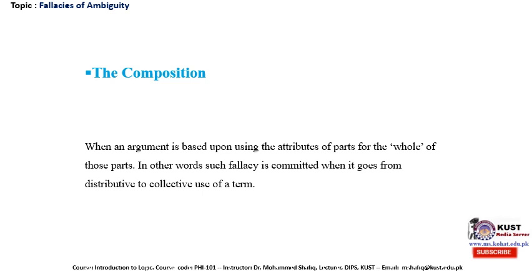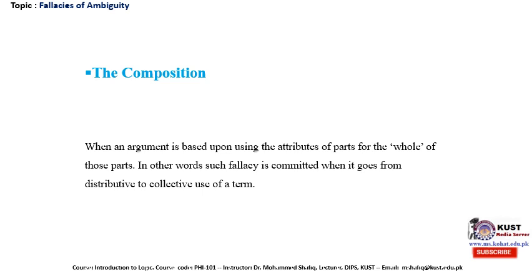So when we try to attribute these two distributive terms to a collective one, being a good sportsman, we are basically committing this fallacy of composition. So this is the fourth fallacy of ambiguity, which is the product of using the attributes of distributive to collective use of a term.